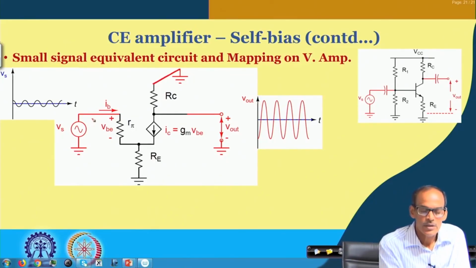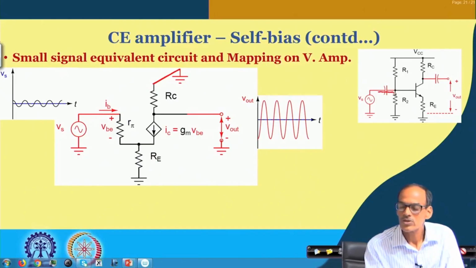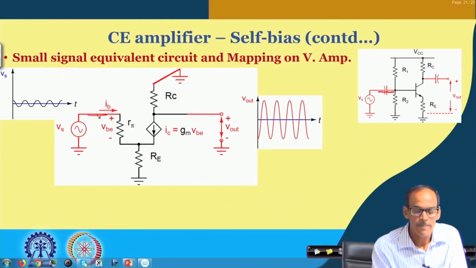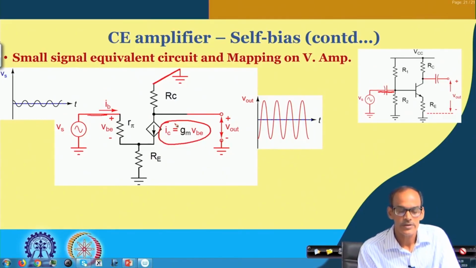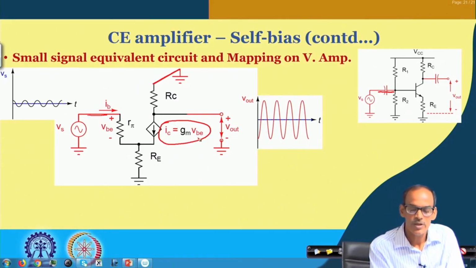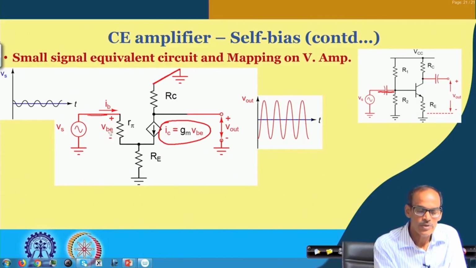First, the capacitor here we are shorting, and then the collector current has only the small signal collector current, small ic, which is gm times VBE, and VBE is the voltage drop between the base terminal and the emitter terminal.